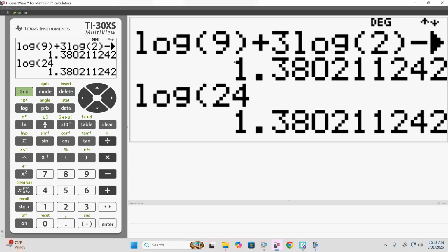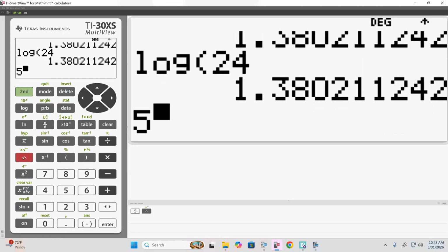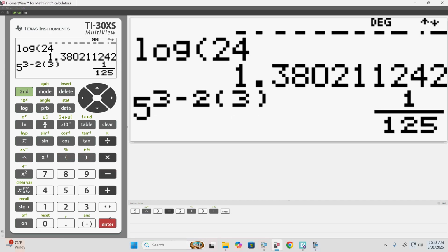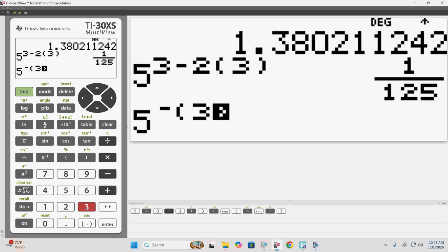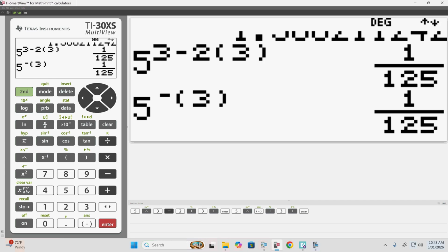I just grab a calculator, and it tells me that it's 1 over 125. On the other side, we have 5 to the negative 3, which is also 1 over 125. So that is the correct answer because both sides gave us the same value. Questions on this here?